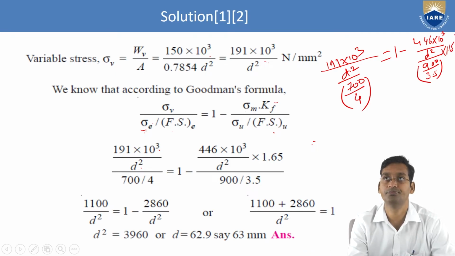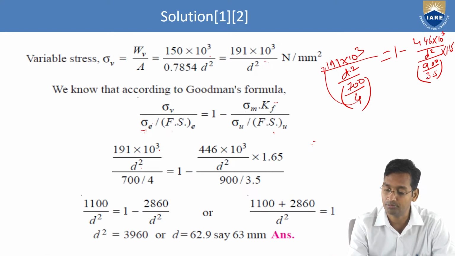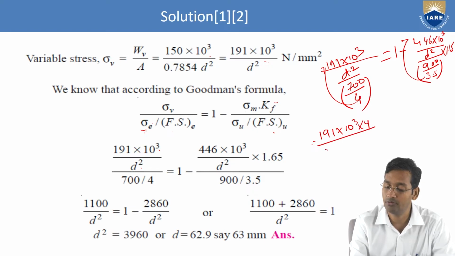1.65, right? So here we will multiply. So now this will come up. Similarly here also. So now this will give 191 into 10 to the power 3 into 4 divided by 700 d square, which is equal to 1 minus, now this will come here.